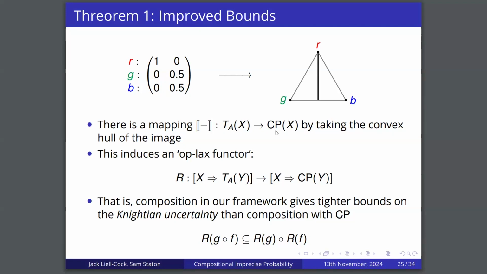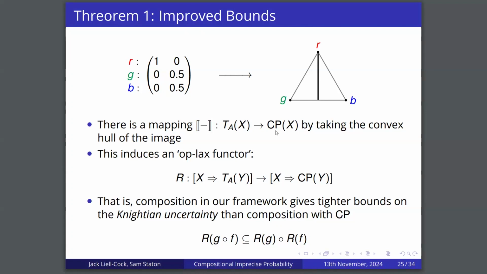And we've also shown that given this oplax functor, not only is there a mapping, but the oplaxness means that we actually have tighter bounds on the imprecision in our program when we compose programs together, than if we were to map them across and compose programs in the new setting.